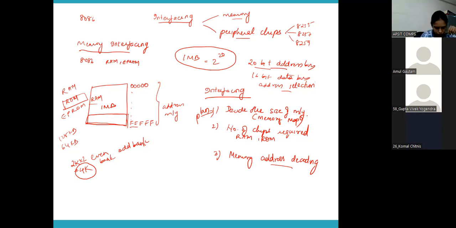So just keep in mind that RAM will always start from address 00000 and ROM will always end at address FFFFFH. That means the last portion of your memory is going to be ROM and the first portion of your memory is going to be occupied by RAM. So you know the starting address of RAM and the ending address of ROM.